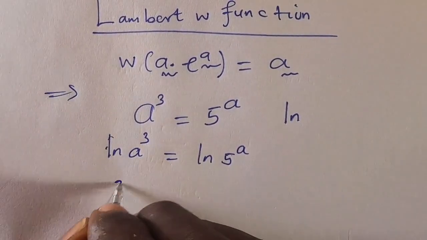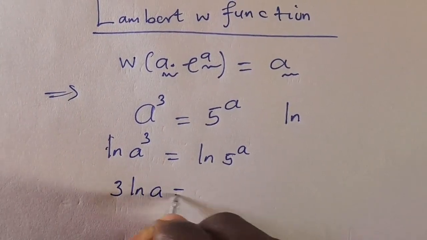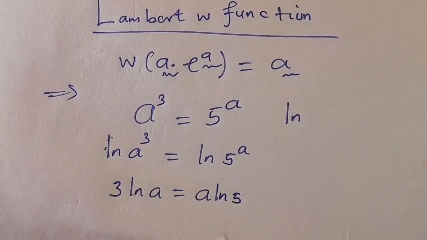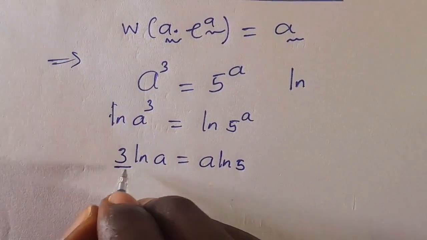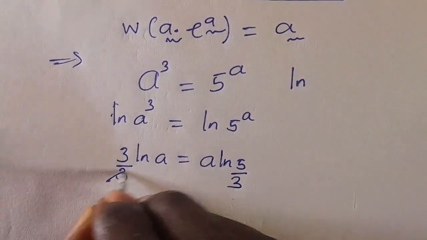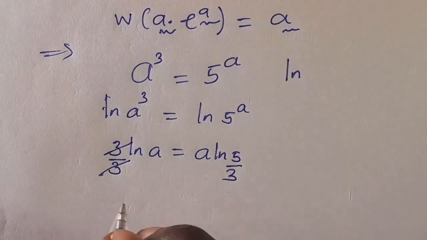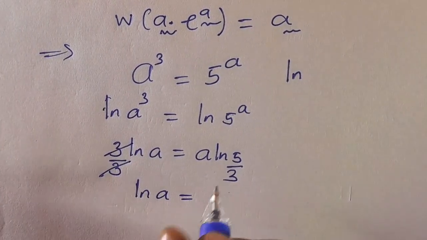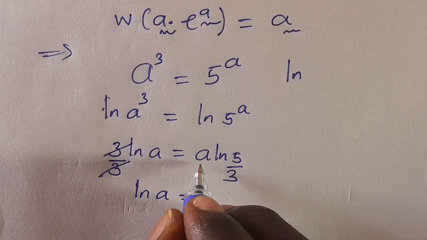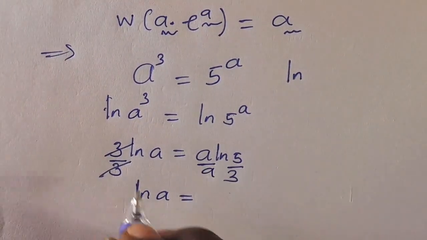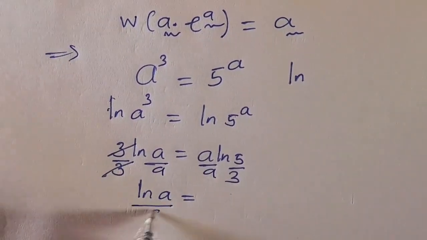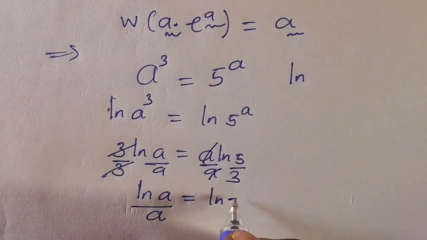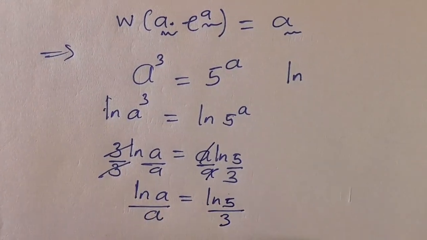And from here we have 3 ln of a equals a, and this will come down, we have ln of 5. Let's divide both sides by 3. Then we have ln of a equals, by dividing both sides by a, a equals ln of 5 divided by 3, this will cancel this.